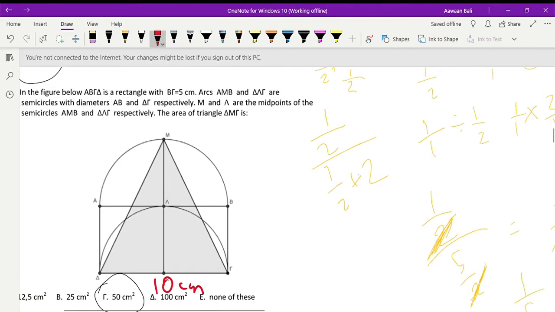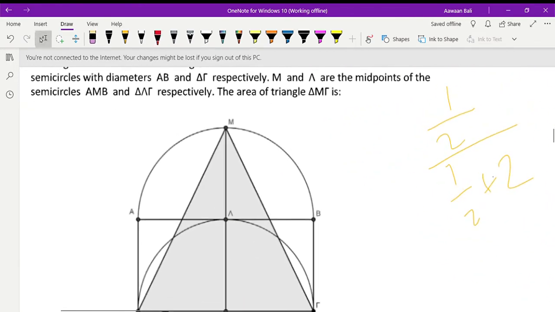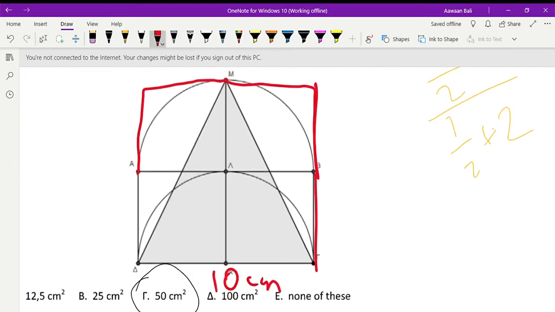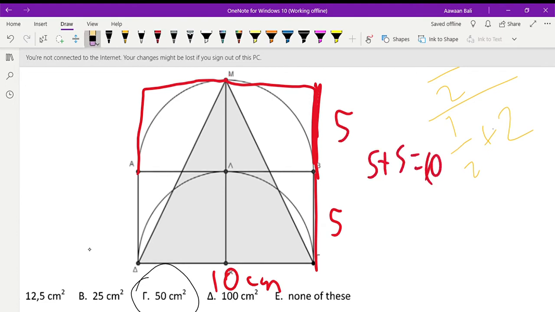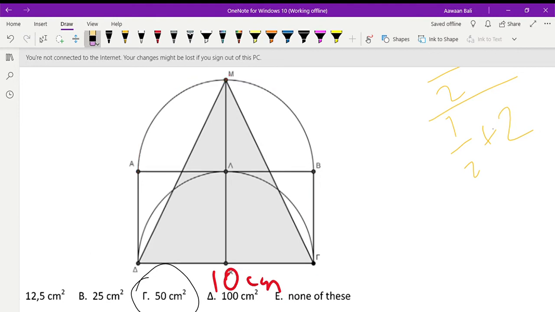Now here, you can imagine this to be another square. So this would be 5. This would still be 5. 5 plus 5 is 10. So this whole length would be 10 centimeters as well.